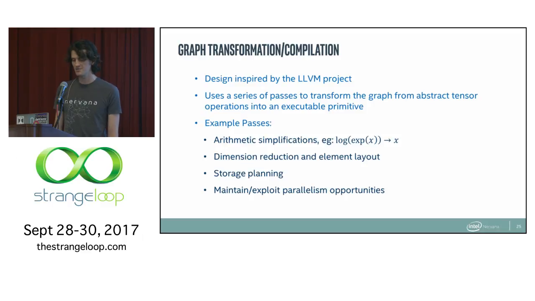In the optimizations, we're also doing things like pruning redundant dimensions and element layout. At this stage, we're able to do things like storage planning and start to think about how memory might be laid out on the back end. And we're able to look into what parallelism opportunities might be inherent in the computational graph.